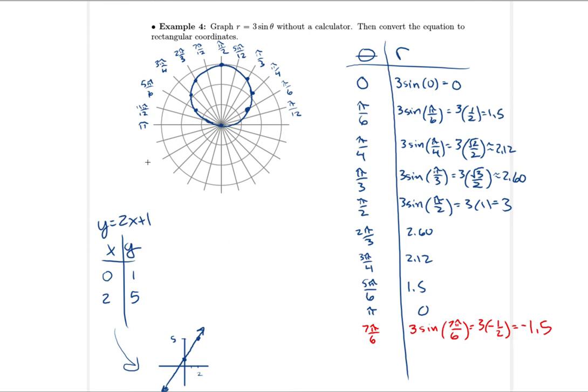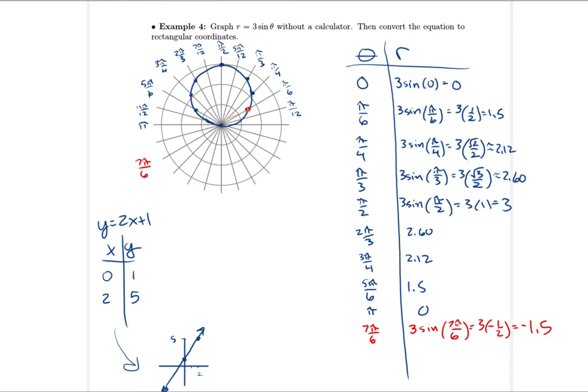So when I'm pointed over here at 7 pi over 6, it says negative 1.5. Well, if it was positive 1.5, that would put me right here. But negative 1.5, remember, means go 180 degrees in the opposite direction. So 1.5 in the opposite direction puts me there.